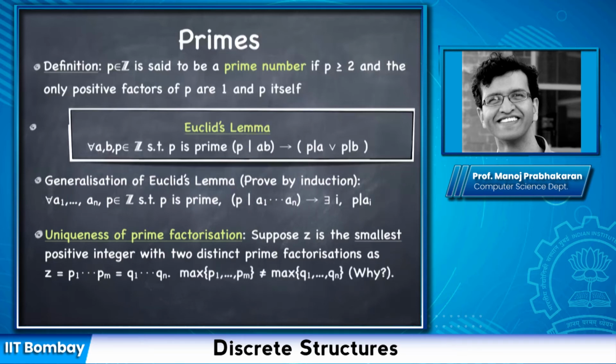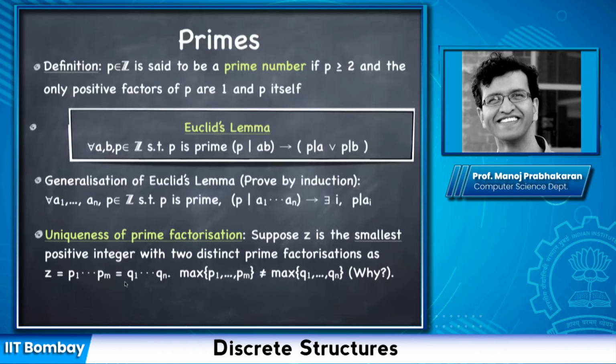So my first claim is that, let's say it's in increasing order, you cannot have pm and qn be equal. So the maximum among these and the maximum among these cannot be equal. And why is it so? Because otherwise I can do a cancellation. If pm equals qn, I'll do a cancellation.